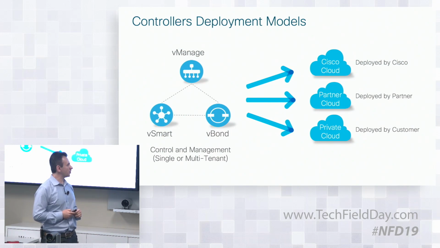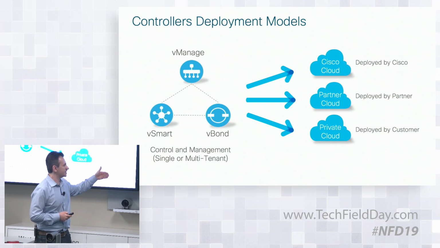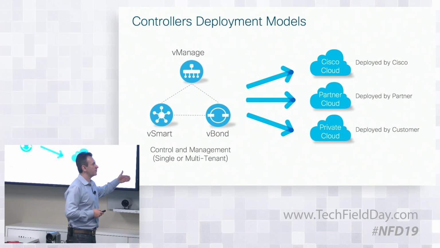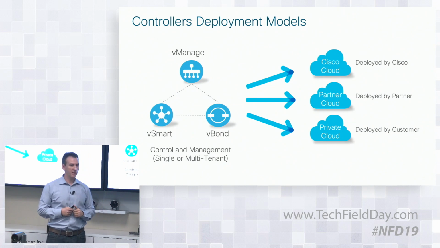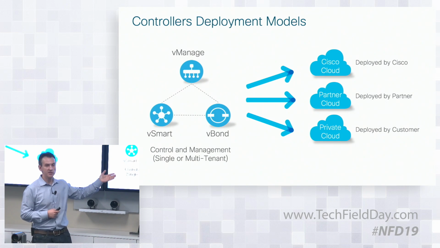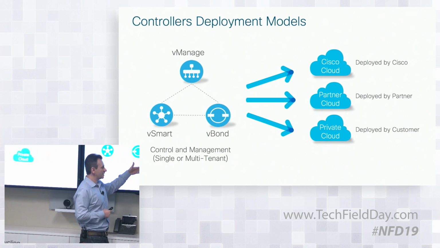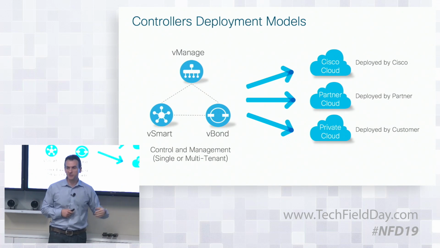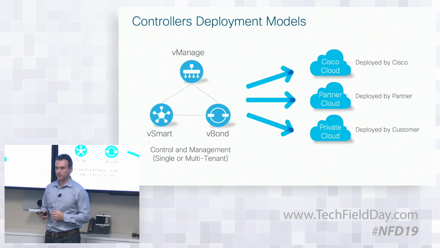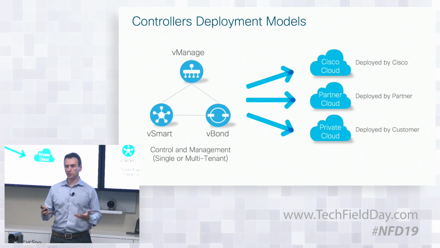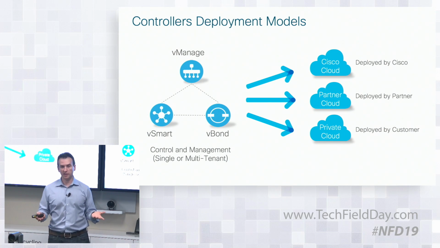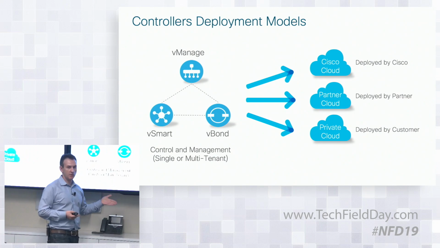So if we look at controller deployment, as I said, it's fully automated when it's deployed inside Cisco Cloud by the Cisco Cloud Ops team. Customers have a choice to deploy this in their own data centers. A small subset of our customers that have some compliance or regulations that require them to host their own control infrastructure absolutely do that in their own data centers, and it works equally the same.